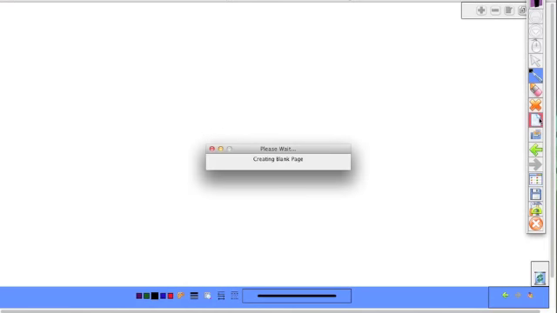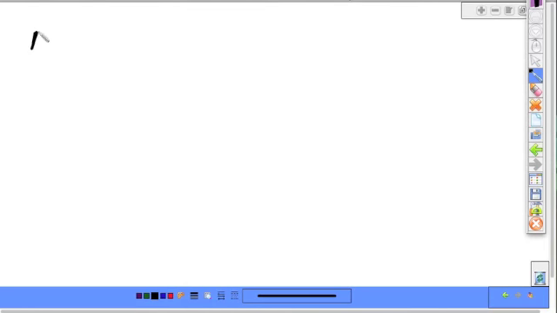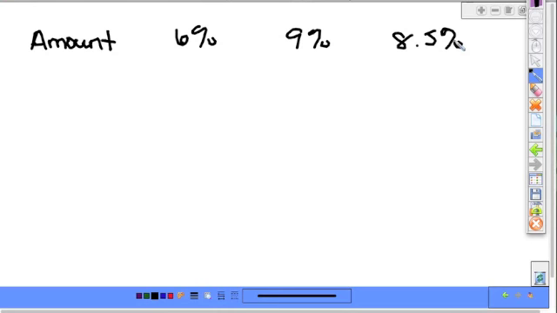Okay, last problem. This is kind of like how your homework's set up, where you have a chart that says the amount, and then they want you to find the 6%, the 9%, and the 8.5%. Okay, so I'm just going to do one. We have $475.